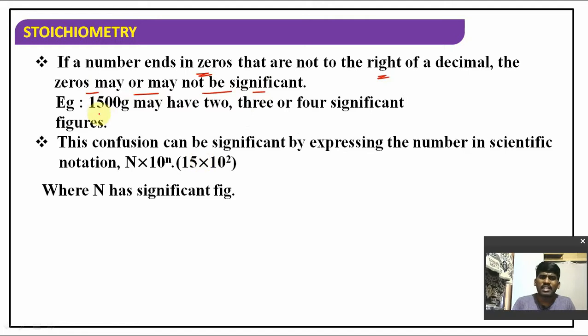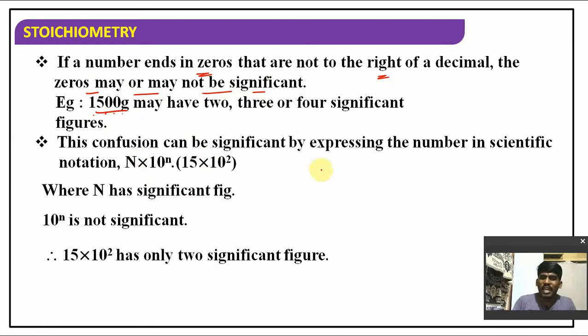For suppose if I consider 1500, there may be 2, 3, or 4 significant figures. This confusion you can avoid by expressing them in scientific notation. So 1500 I can write as 15 into 10 square.